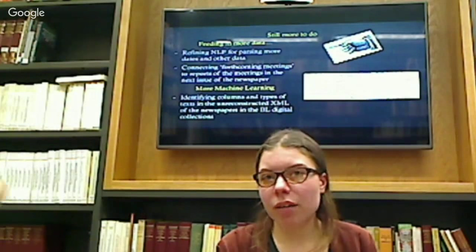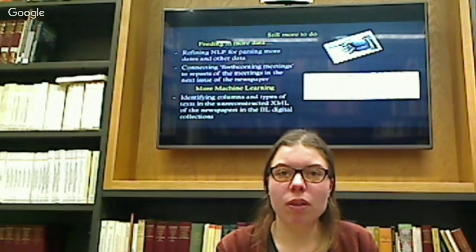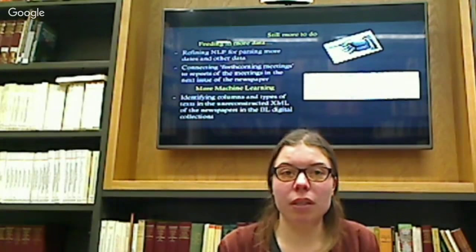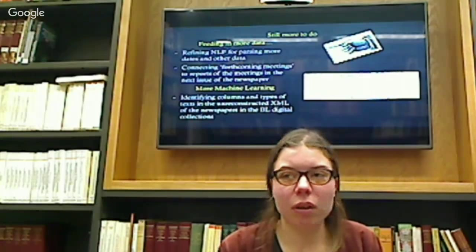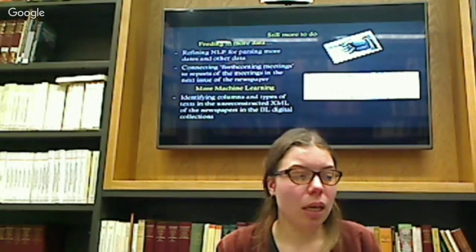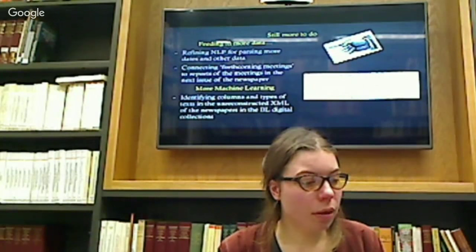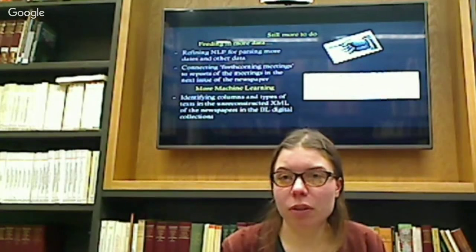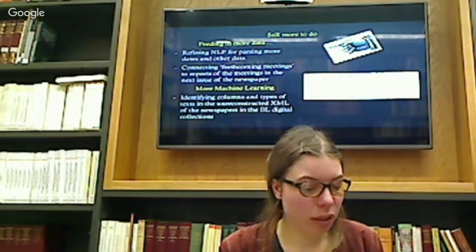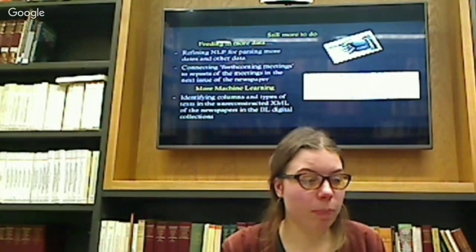I'd like to connect the forthcoming meetings columns with the reports of those meetings in the next issue. I just haven't got around to doing that. I think that'll be fairly simple to do. And more machine learning, particularly in terms of helping the British Library to identify what's in their newspaper collections.